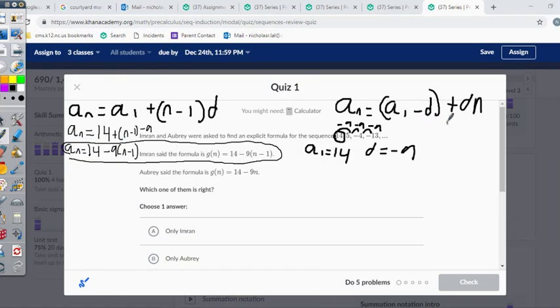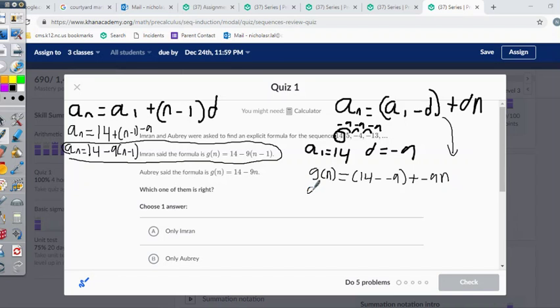Now let's use the other formula to figure out Aubrey's formula. Aubrey's formula, g of n, is going to be equal to a_1 minus d, so 14 minus negative 9, plus negative 9n.